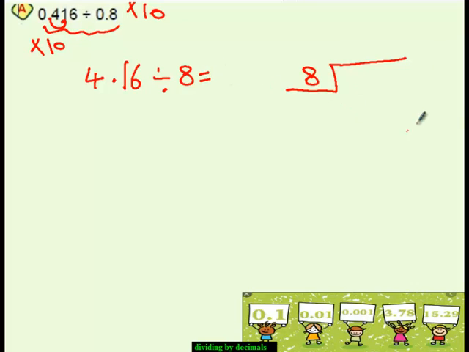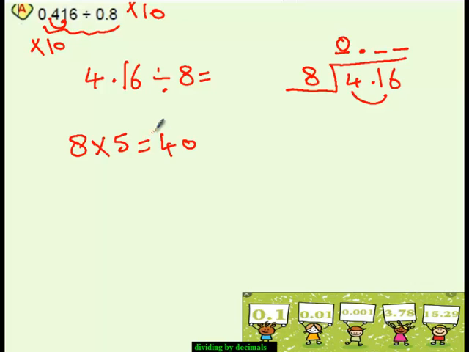So 4.16, and decimal point here, and 4 divided by 8, it can't be, so I'm gonna put 0. And 41 divided by 8, 8 by 5, it's 40.